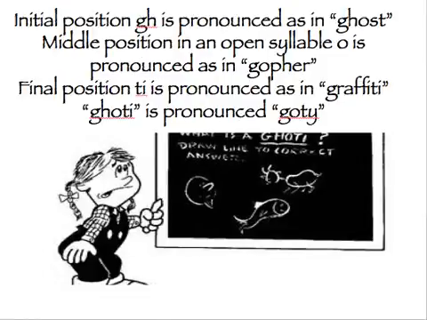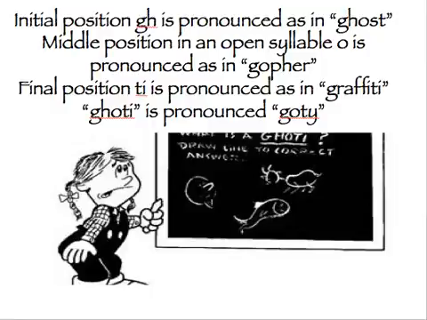However, not so, because if we take into consideration the position of letters in a word as influencing the sounds they represent, when GH is in the initial position, as it is in ghost, it represents the G phoneme. When O is in the middle position of a word and located in an open syllable, it represents the O sound as it does in gopher.